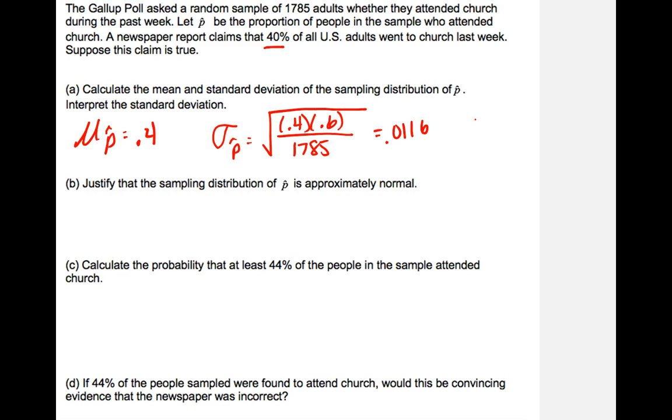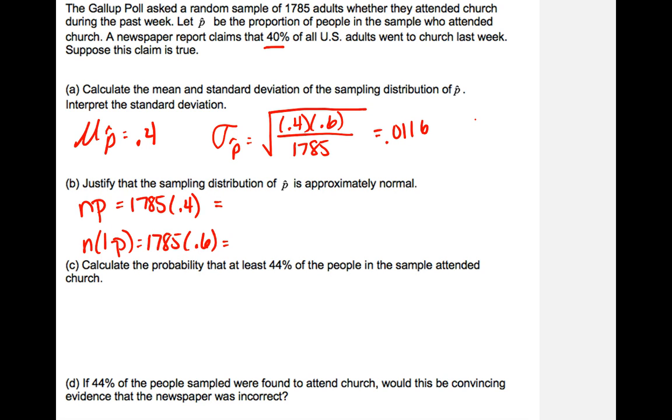Part B, we're checking for that normality of the sampling distribution. So we're going to do n times p, which is going to be our sample size of 1,785, times p, which is 0.4. And then we also need to do n times 1 minus p, so 1,785 times 1 minus 0.4, which is 0.6. Make sure both of those values are at least 10.